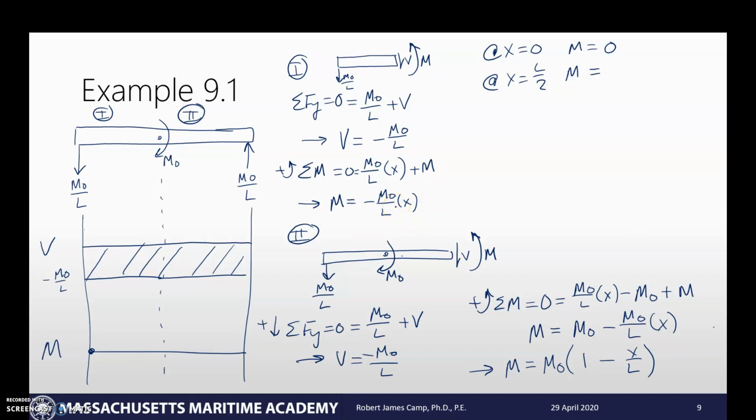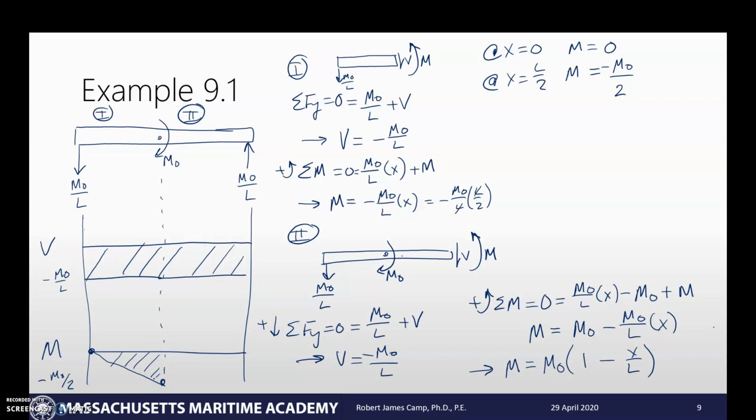Actually, that's m naught over 2 because the L's cancel out, but there's also a negative sign in there. So I will have negative m naught over 2. Let's just quickly check: m naught over L times L over 2, L's cancel, negative m naught over 2. So that's going to be here. This is a negative linear equation, so that should make sense because we're going to go right there. And so there's the first part.